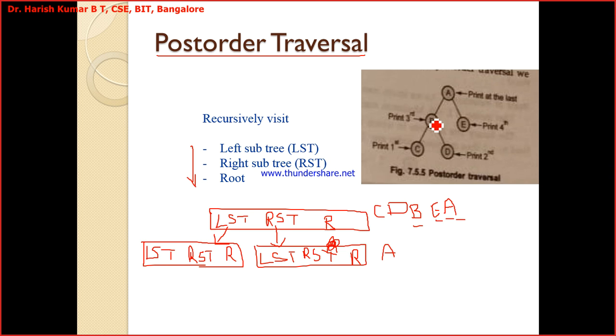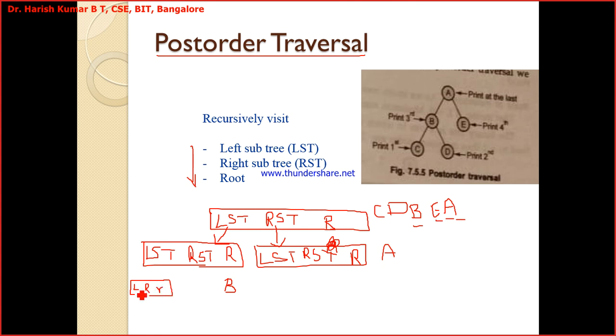Now since I've expanded this for the left subtree of A, I'll check what the root node of the left subtree of A is. B. Correct. Now I check whether there is a left subtree for B. Yes, B has a left subtree, and also a right subtree. So strictly speaking, I have to expand this again: LST, RST, R. I'll write it a little smaller, with a small r.